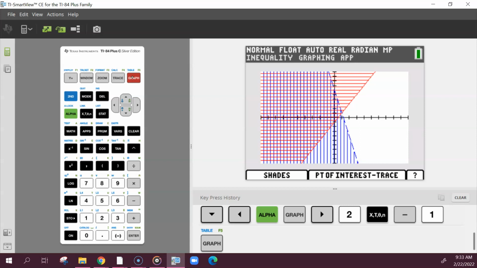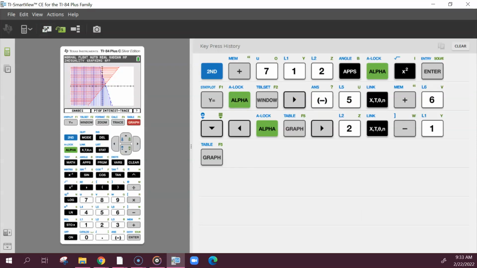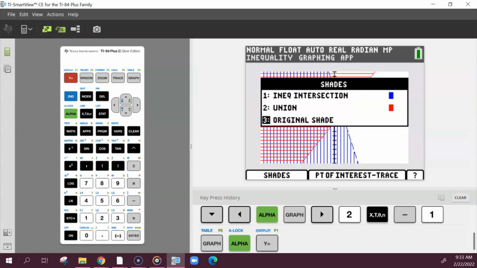Once you graph both, there is a way to see this in different aspects. So if we go into shades, so alpha y equals, the shades option pops up. Original shade is the one we're on. So you could use that one.